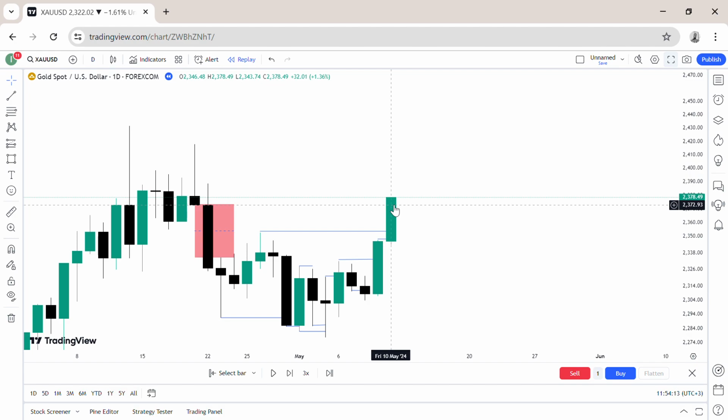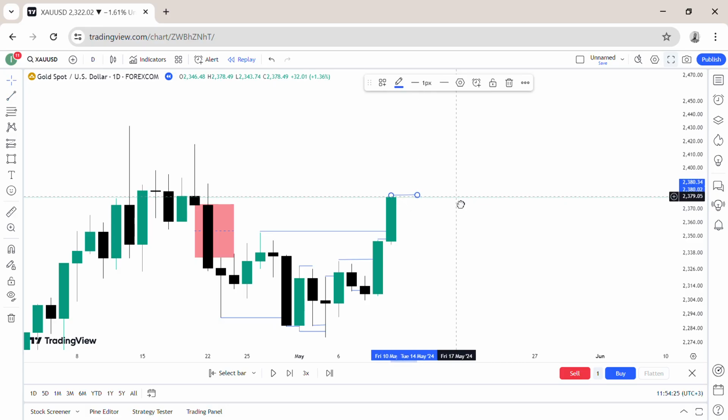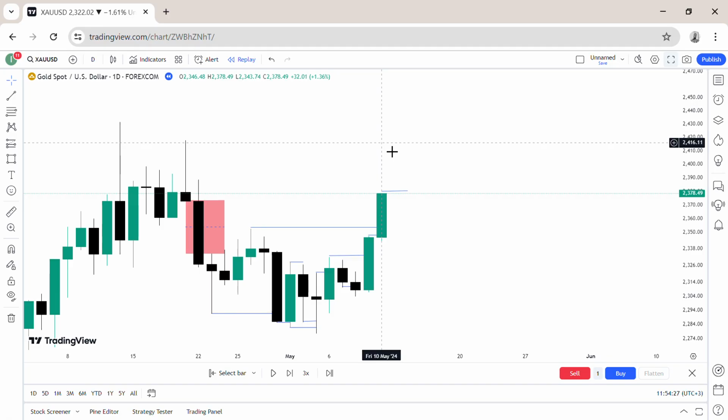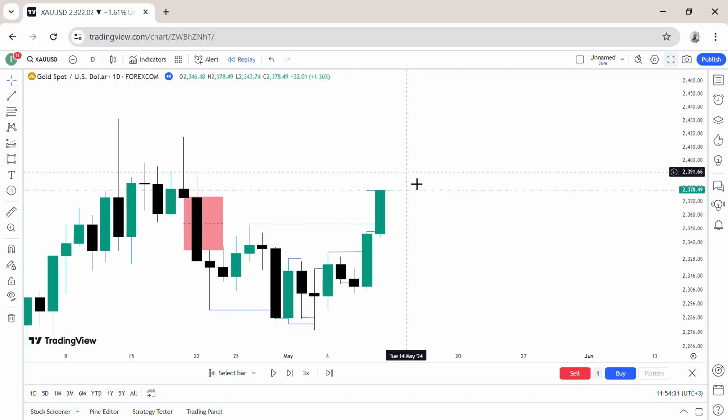That gives me the next day bias to be bullish. So I'm expecting the next day to be bullish, closing above that high, the previous day high. So I'm expecting a little retracement, then go up. So let's see what happens.